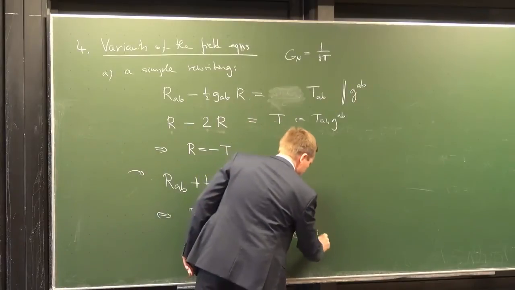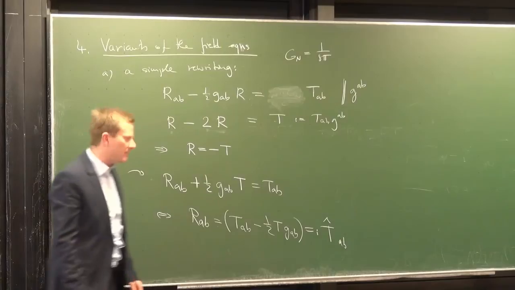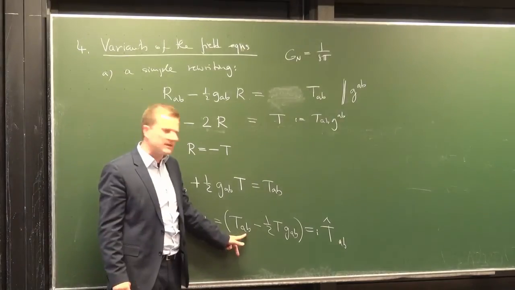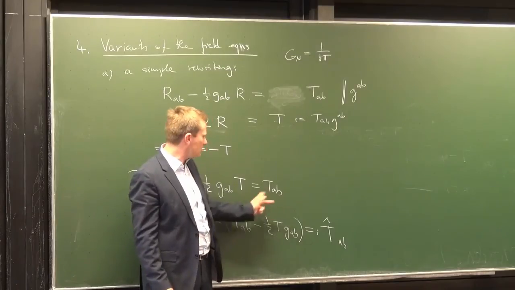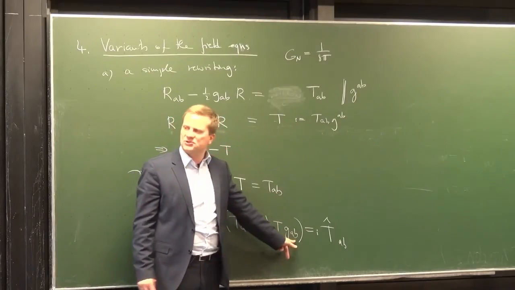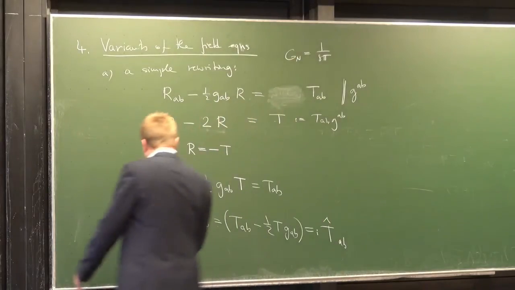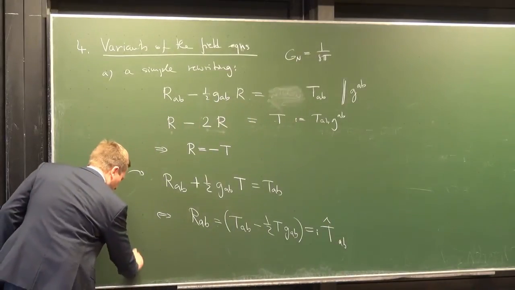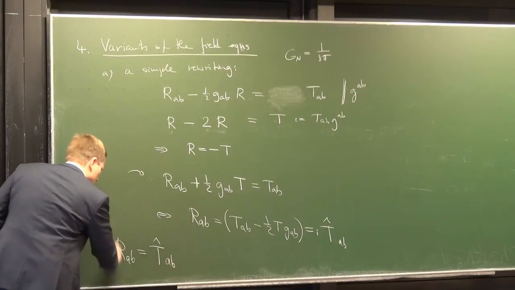So I can call this right-hand side the modified energy momentum tensor T hat_ab, where from the energy momentum tensor I subtract 1/2 times its trace, so contraction with g, times g_ab. And what do I then have? Then the Einstein field equations, after all, take the form R_ab equals T hat_ab.